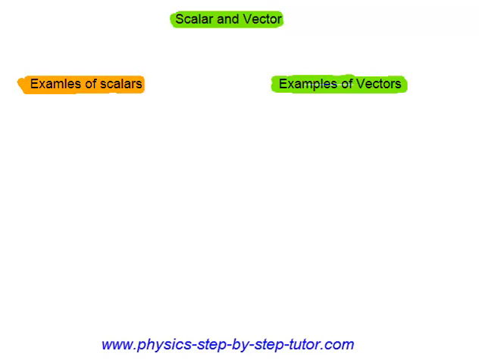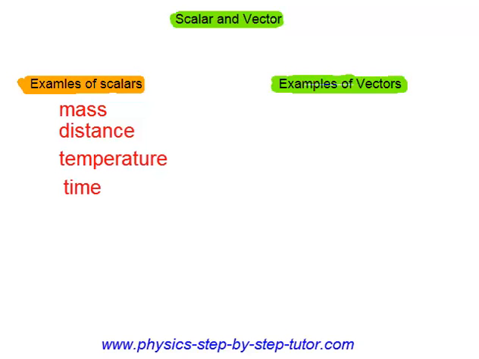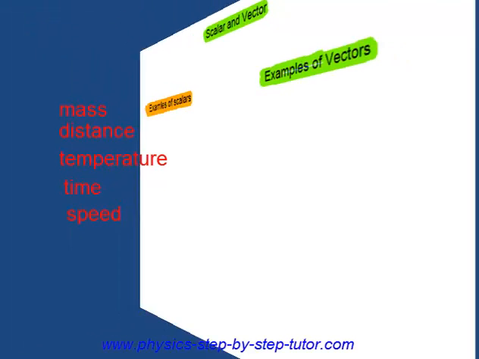Examples of scalars include mass, distance, temperature, time, speed, and so on. In fact, all the 7 basic physical quantities, all of them are scalar quantities.